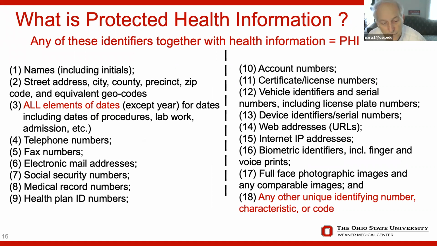If you're not needing personal identifiers, and really a lot of research shouldn't need them, you don't need to know that so-and-so has these diseases unless you're going to contact them, and you're usually not. So a lot of personal identifiers, but the ones that catch people are the dates. Typically, to get around the dates, you ask for intervals.